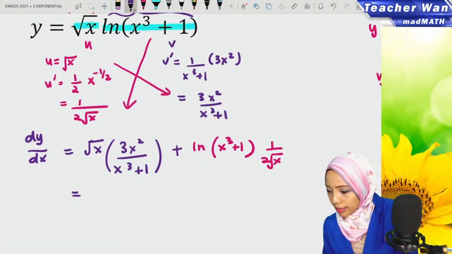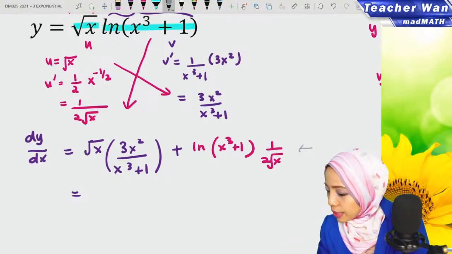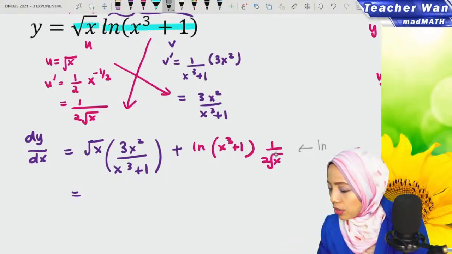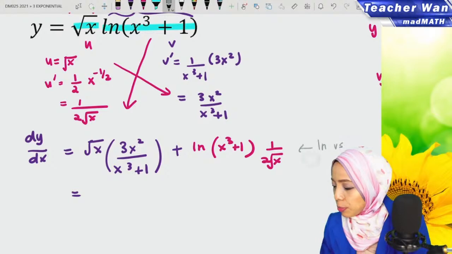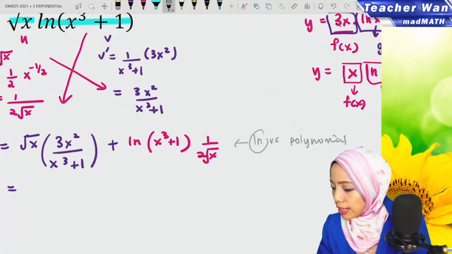As I mentioned just now, if ln versus polynomial, you have to bring ln at the back.